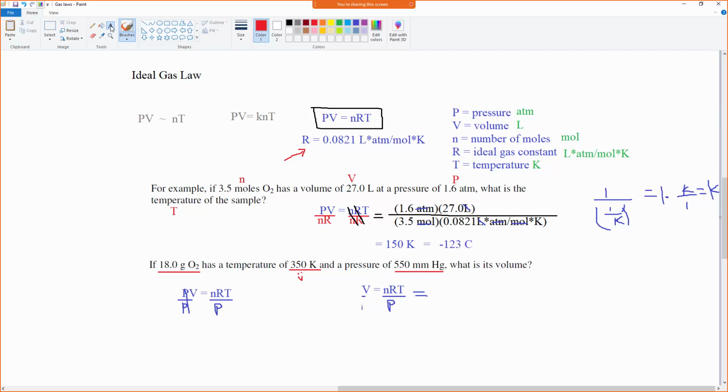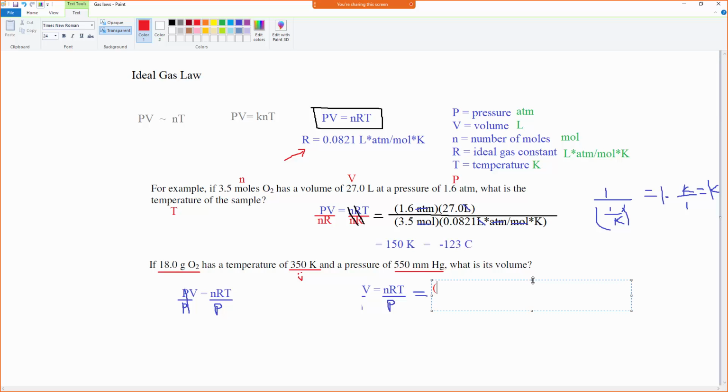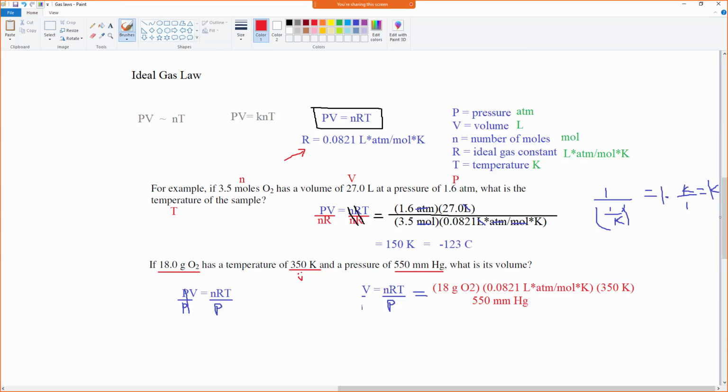Now, if you don't consider that and you just plug it in, and we say, okay, 18 grams oxygen multiplied by 0.0821 liter atmospheres per mole K, and multiply that by 350 K, and then divide all of that by 550 millimeters of mercury, then hopefully you'll see before you continue that you have a problem.